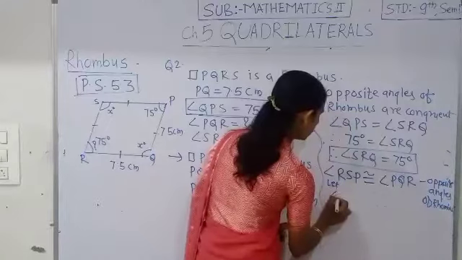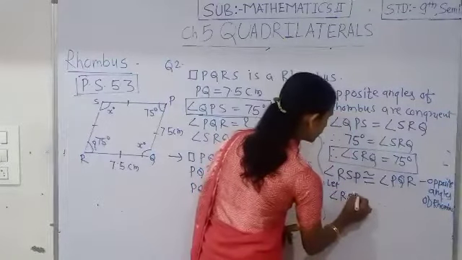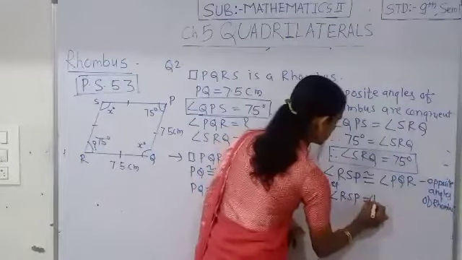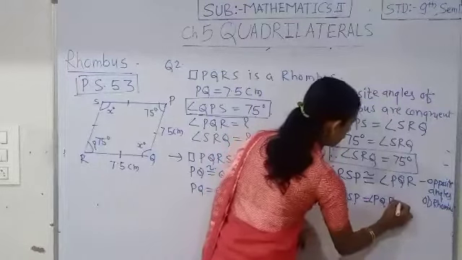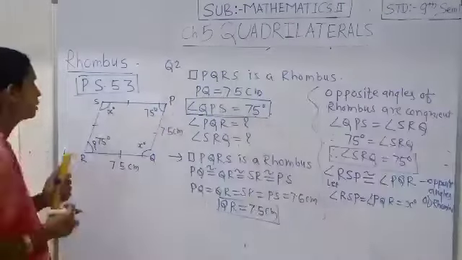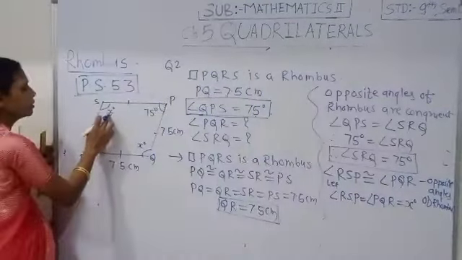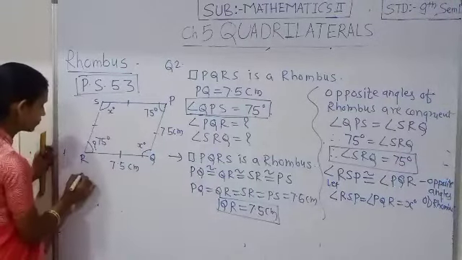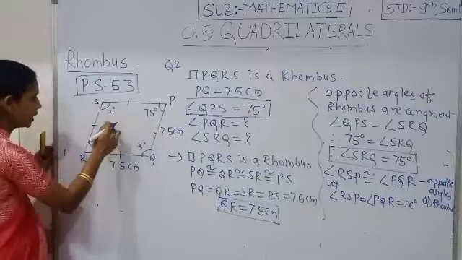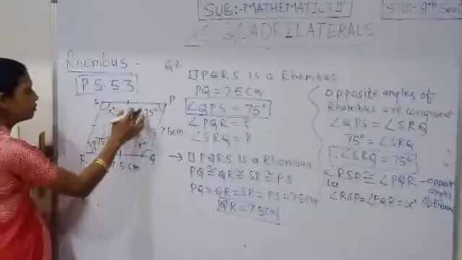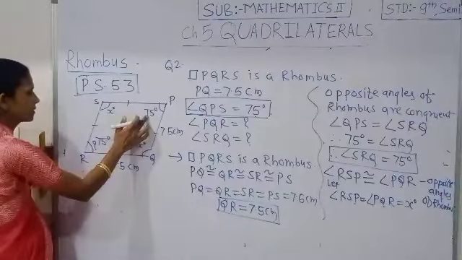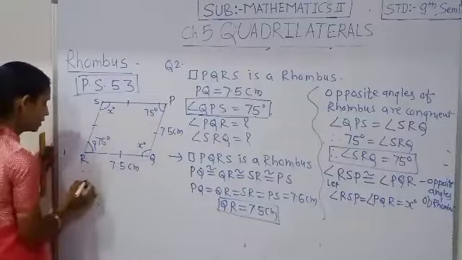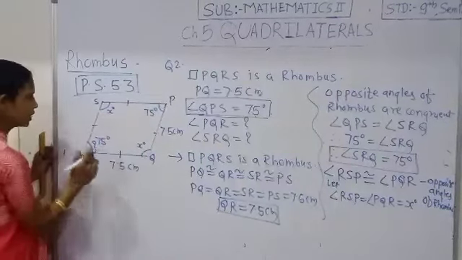Let the measure of those angles be x degrees. We can find the measure of those angles using the property of a quadrilateral, that the sum of the measures of all angles of a quadrilateral is 360 degrees.